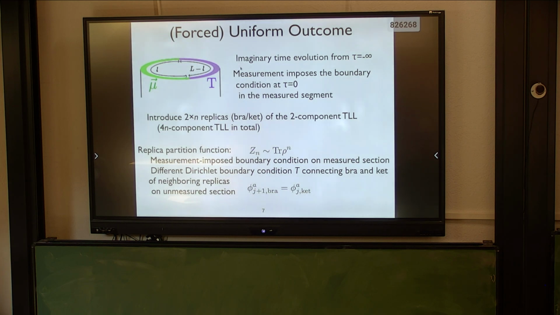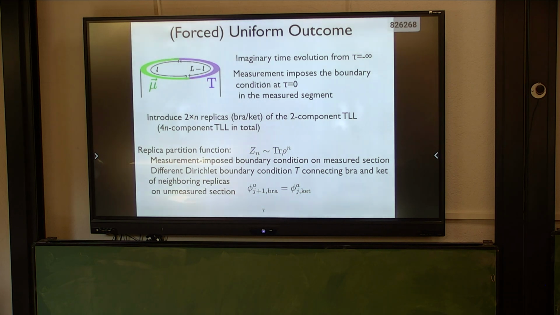Then in terms of field theory, this is a common trick which has also been used to discuss measurement-induced phase transitions, conformal field theory, and so on. We apply this measurement to the ground state. But the ground state in field theory can be constructed by considering a path integral in imaginary Euclidean space-time, starting from imaginary time minus infinity, where I put some generic initial state and do the imaginary time evolution for an infinite amount of imaginary time.